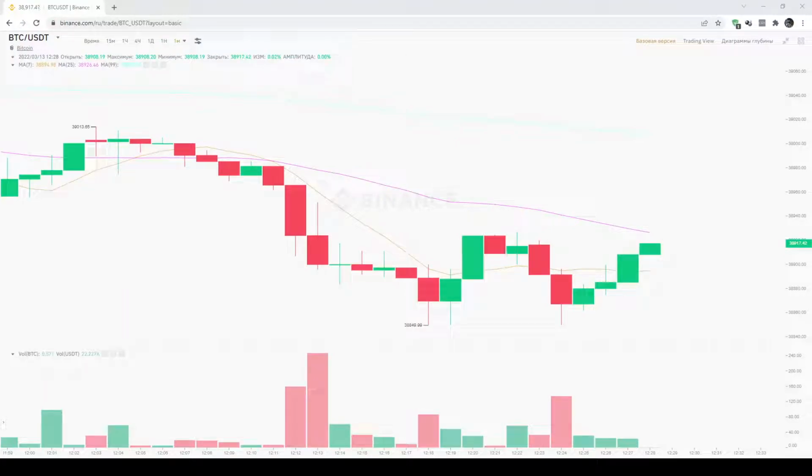Let's add another anchored VWAP at this year's high, right here. From January till April, price has traded below this VWAP uptrend. We also have a clear trading range, so the best approach is to sell at the top of the range and buy at the bottom of it.